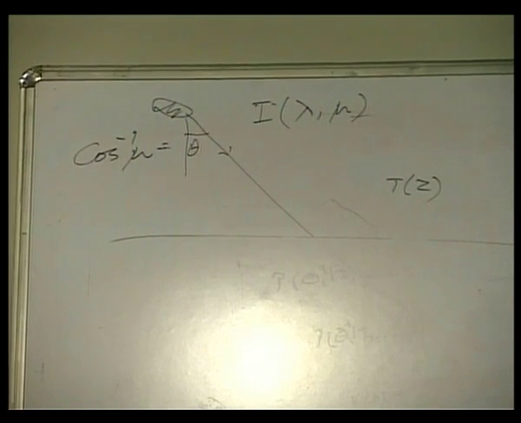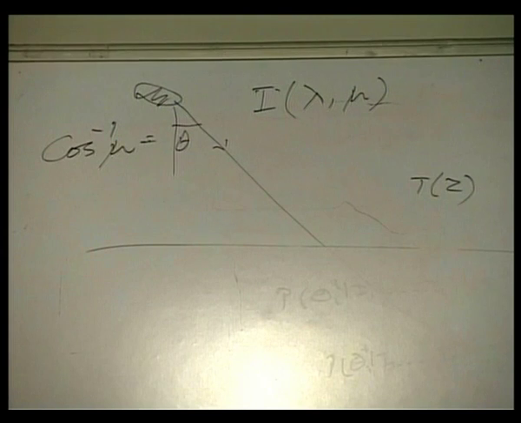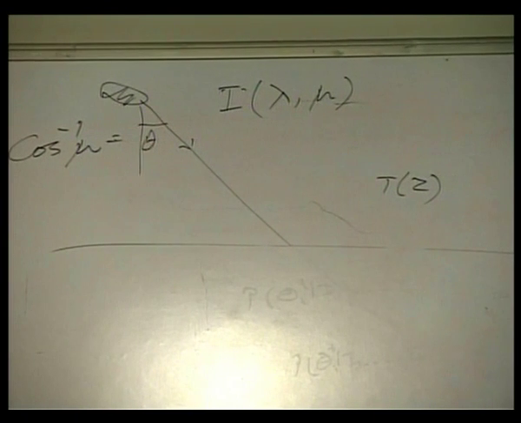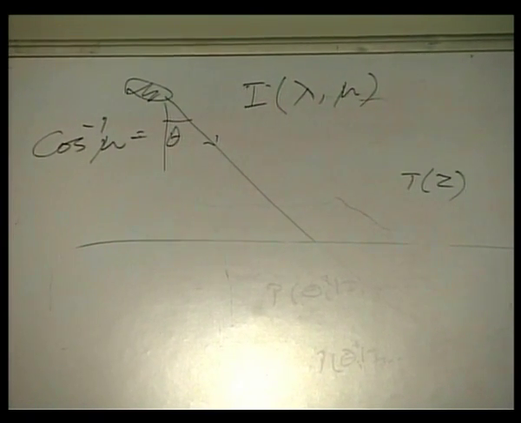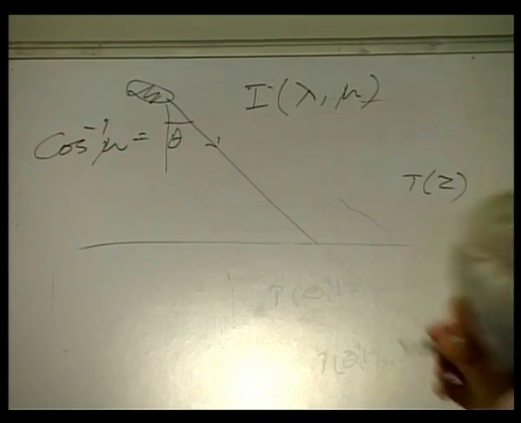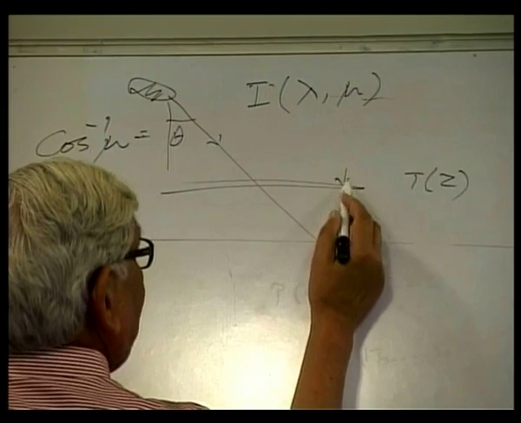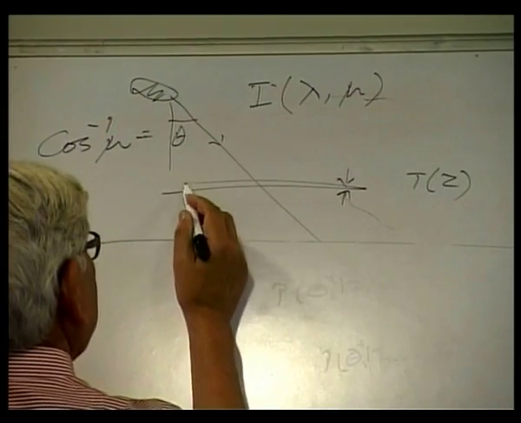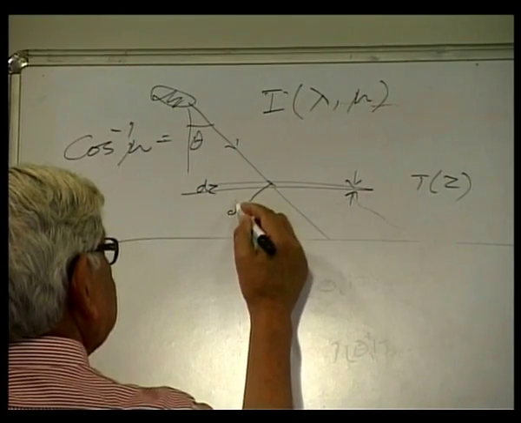The satellite is looking at all this radiation coming from the Earth, contributed by different layers, and we want to find out what T of z is, the temperature profile. This is a very simple exercise which we'll quickly do as an example. Imagine that there is a small layer here called dz, and that length will then become dz over mu.